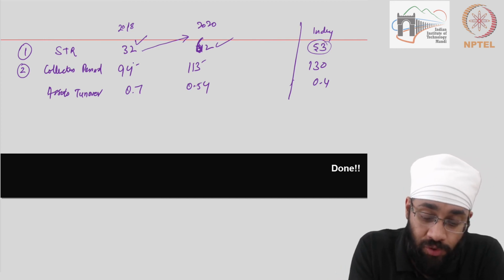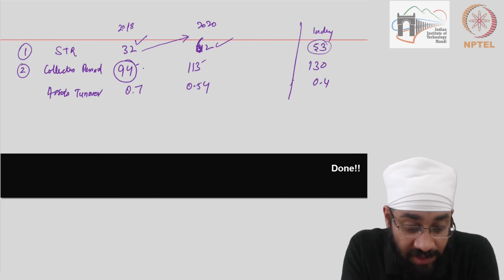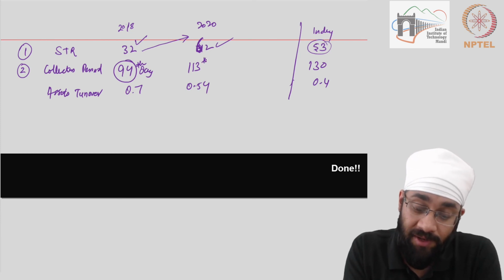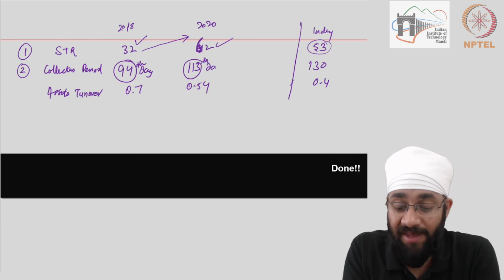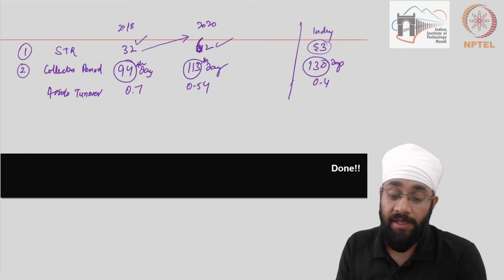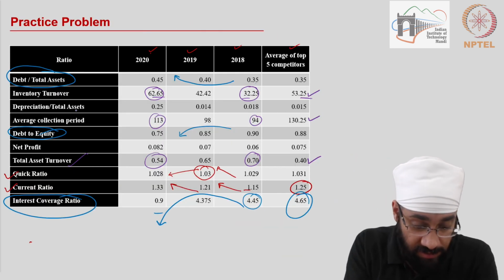So earlier, the company used to collect money from the customers every 94th day. Every 94th day in the year. And now we are doing every 113th day in the year. The industry average is 130 days. Every 130 days you collect from your customers. Let me just make sure that this is what it means as well.